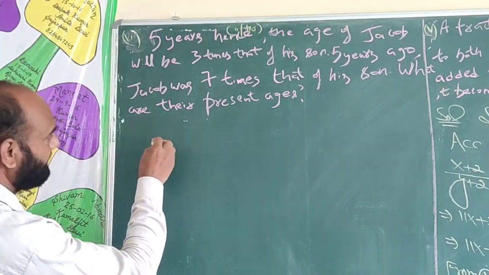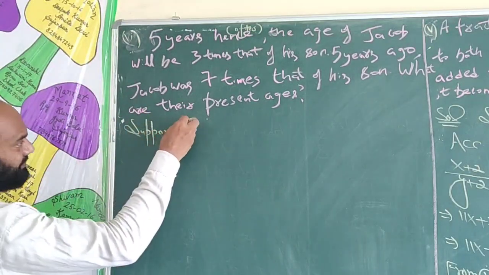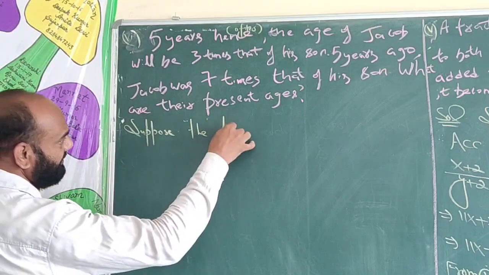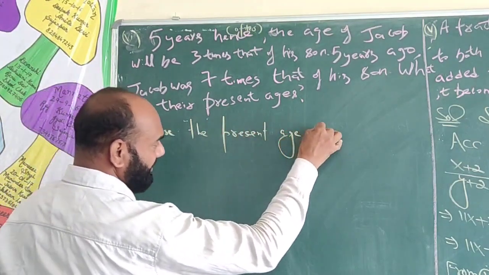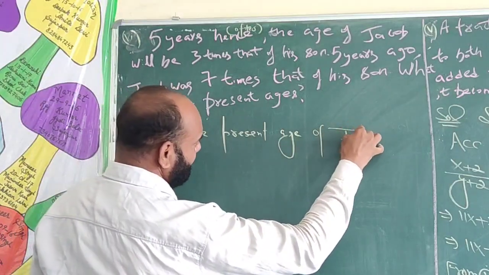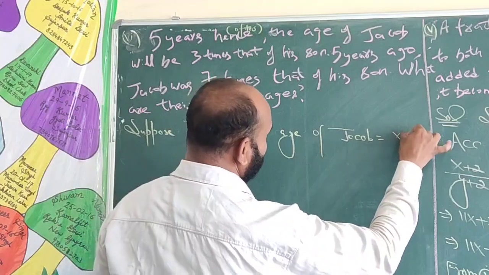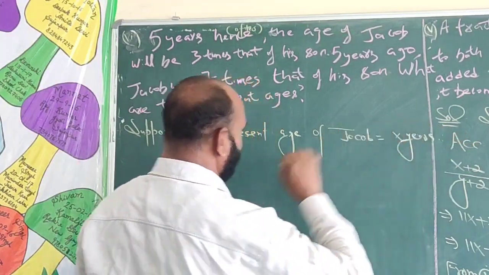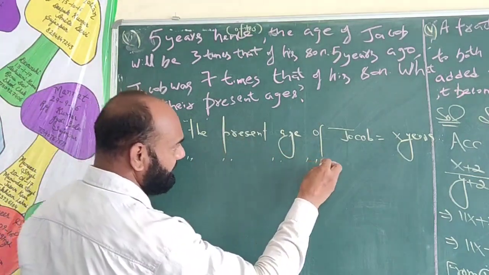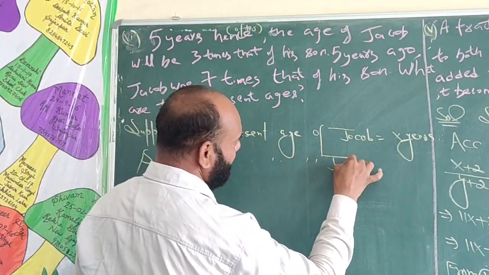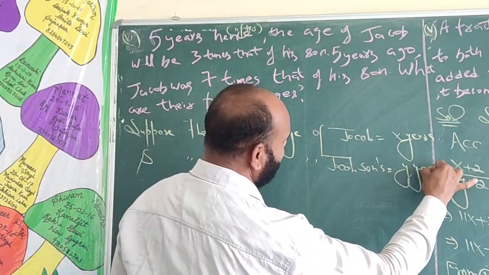So we take the present age of Jacob is equal to x years, and the present age of Jacob's son is equal to y years.